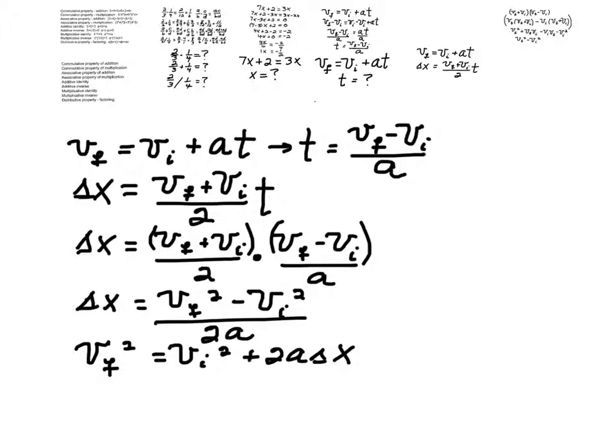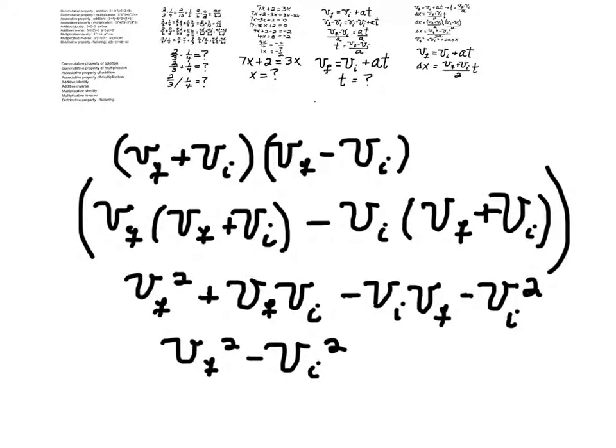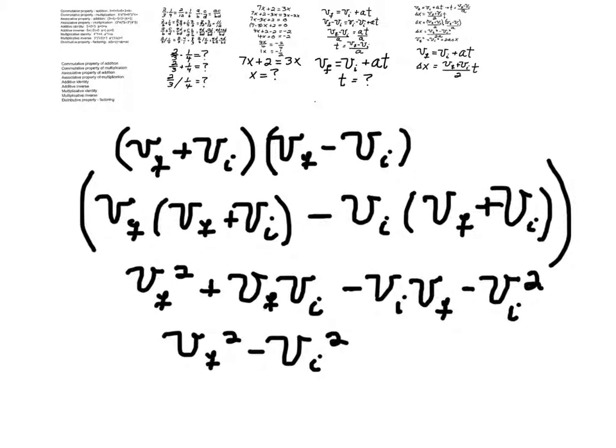Let's take a look at it. Let's close this down and pull up the answer. So here we go. We have the two terms I was talking about, the V final plus the V initial, the V final minus the V initial.